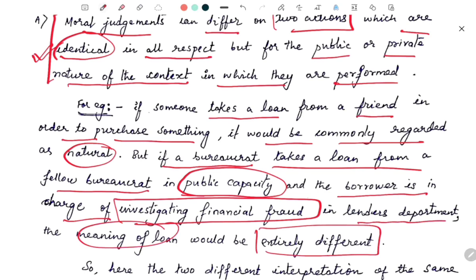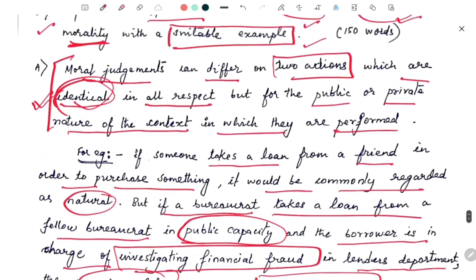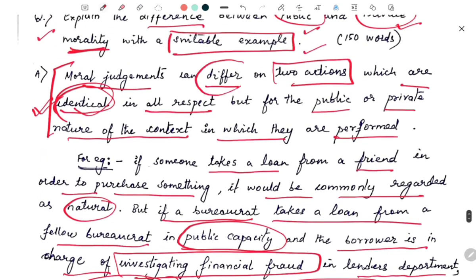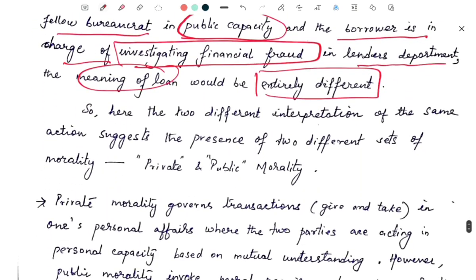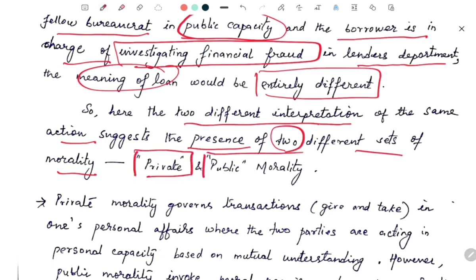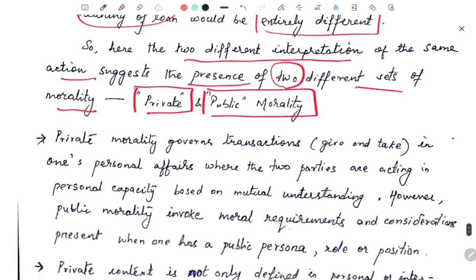The action may sound identical, but the moral judgments can differ when it belongs to a public thing or a private thing. So the two different interpretations of the same action suggest the presence of two different sets of morality, that is private morality and public morality.